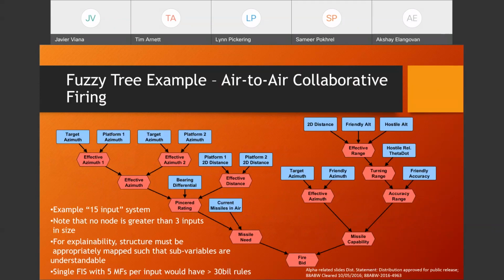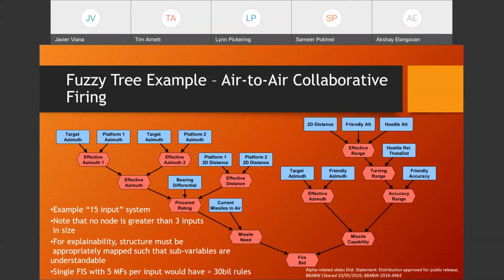So this is a non-notional example of part of a much larger fuzzy tree, but we'll call this a fuzzy tree in itself. This is from an air-to-air collaborative firing decision-making system, part of a broader air-to-air combat system that was developed back in about 2016.